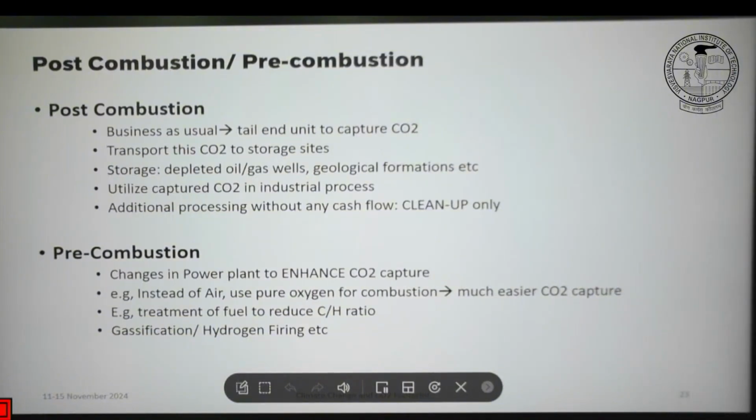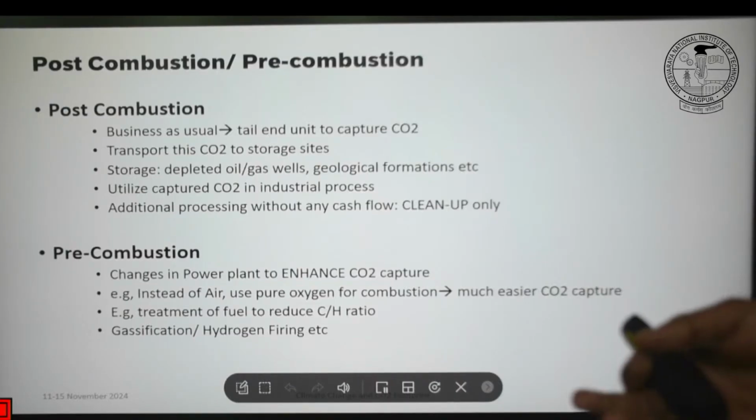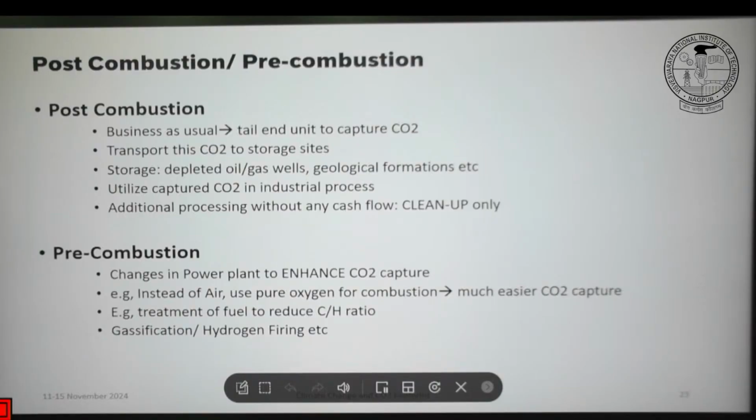But another one is that this nitrogen is inert and just flowing from point A to point B doing nothing. But while going out to the atmosphere, it's taking a lot of energy with it. So you could increase your combustion efficiency drastically by replacing air with oxygen.